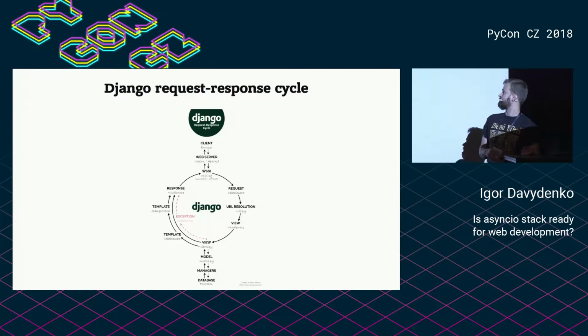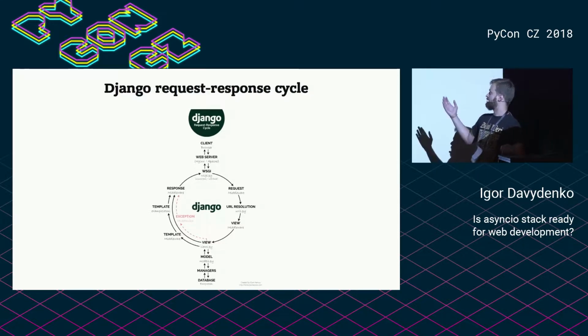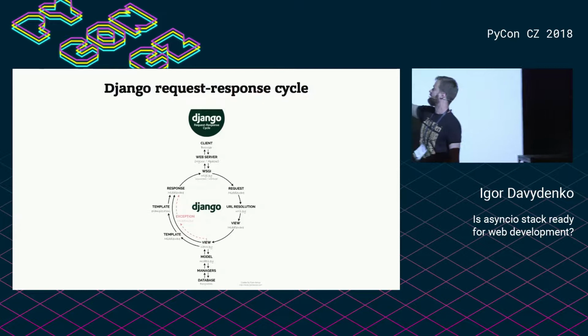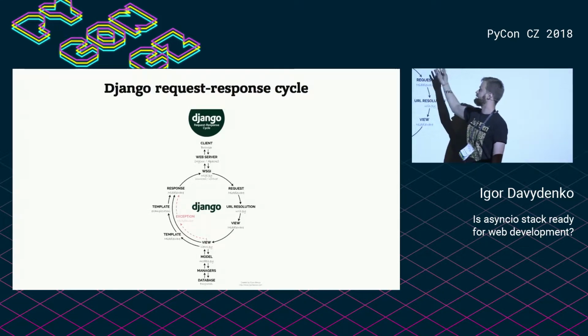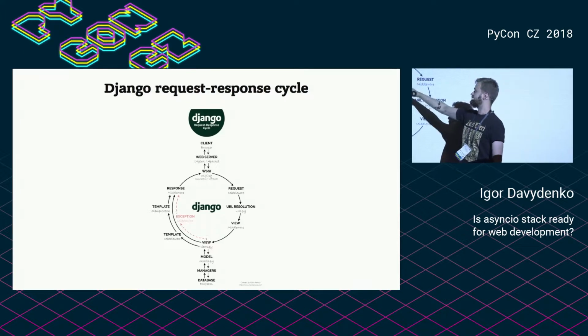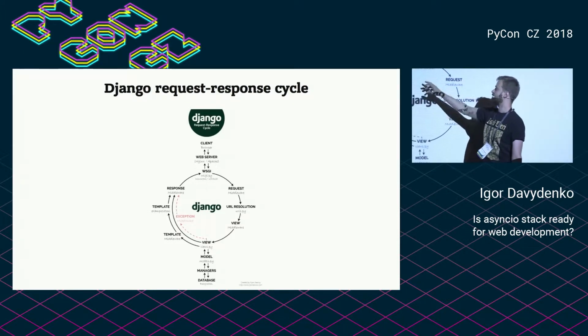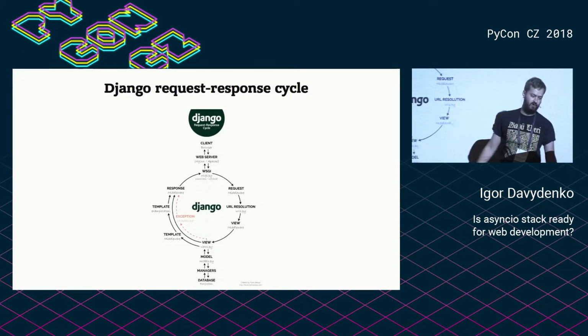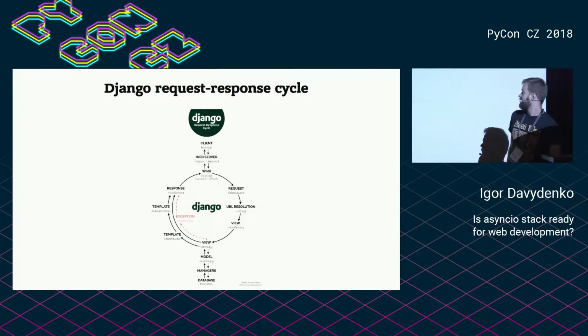So this is the Django request-response cycle, and it's pretty clear, and I believe most of you are familiar with it. We have a client, we have a web server, our first proxy, and we have the second proxy, which is pretty small here, but it's Unicorn or uWSGI or another application server.